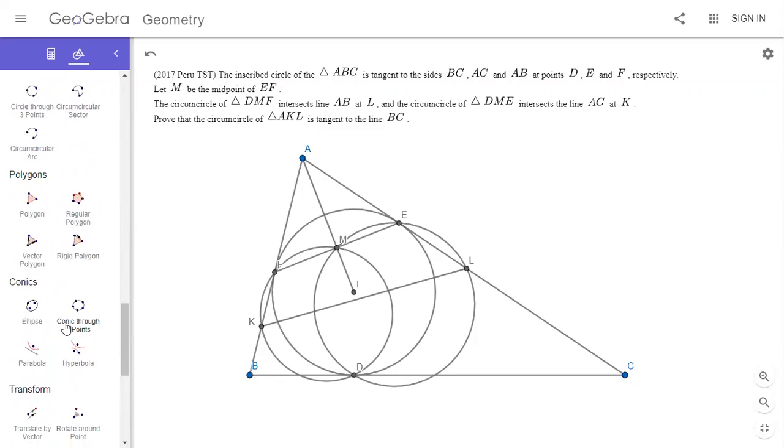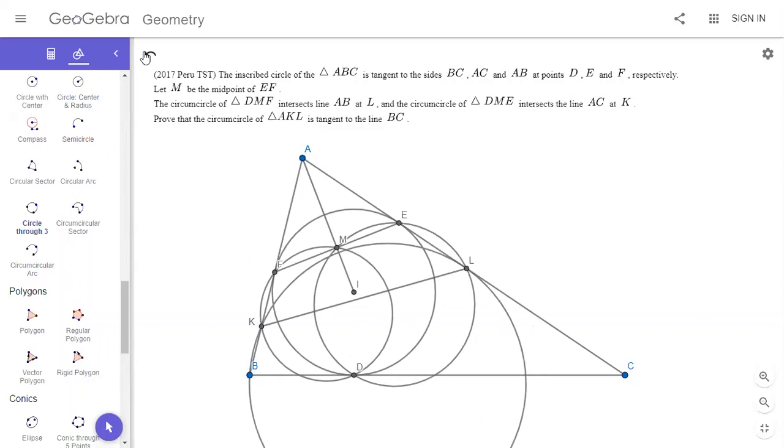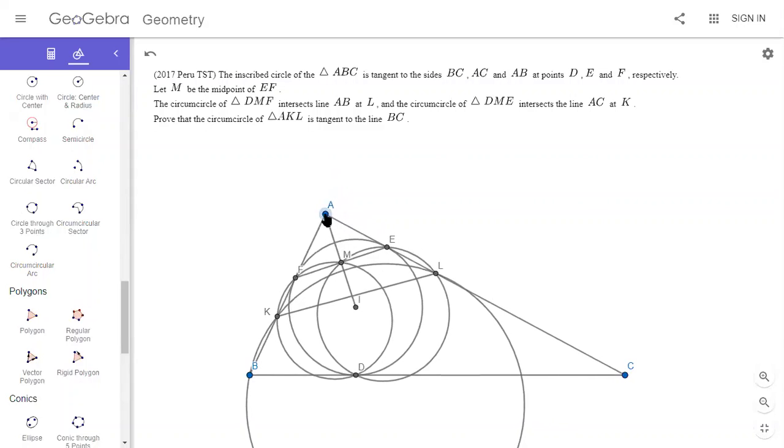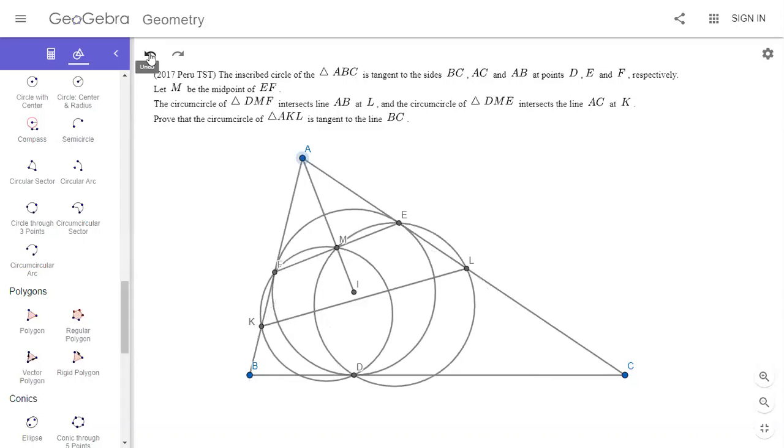Maybe, let's see. No, but is it tangent? Like the circle is tangent to the side AC? I might think that, but on this side, it's clear it's not. Actually, maybe. No, because it's not symmetrical. Oh no, but it's close.